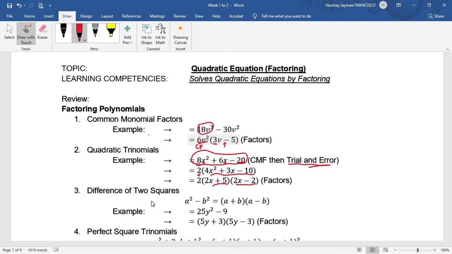Okay? Next is the difference of two squares. So, if you have a squared minus b squared, ang factor niyan is sum and difference of two binomials. You have (A plus B) quantity (A minus B). Again, if you're going to factor A squared minus B squared, your factor is equal to quantity A plus B and quantity A minus B. Okay?